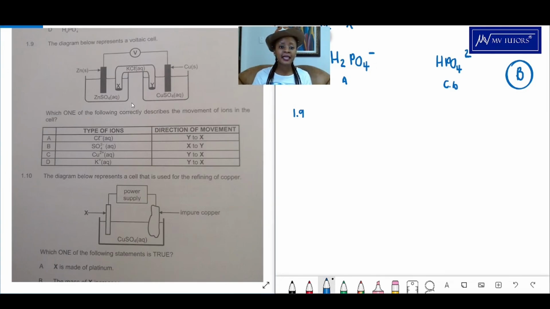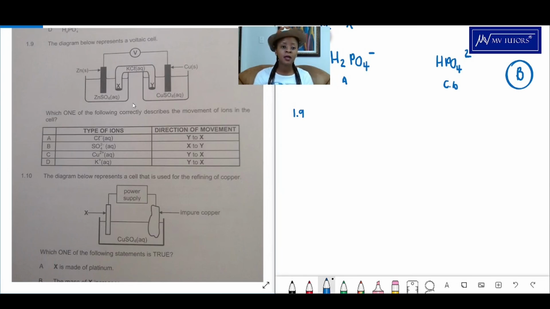Once you have the salt bridge there, the salt bridge assists in making sure there's an electrical current circulating between the two beakers. Another function of the salt bridge is to neutralize. Initially both beakers are neutral, so the charge there will be 0.